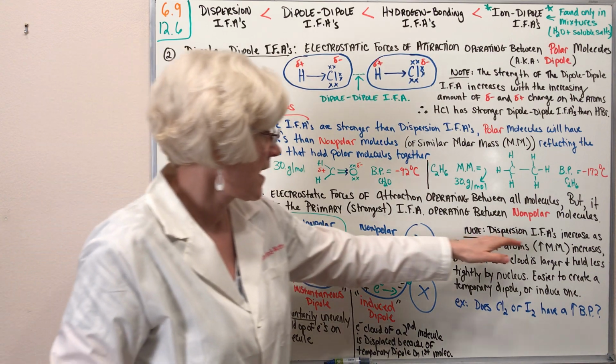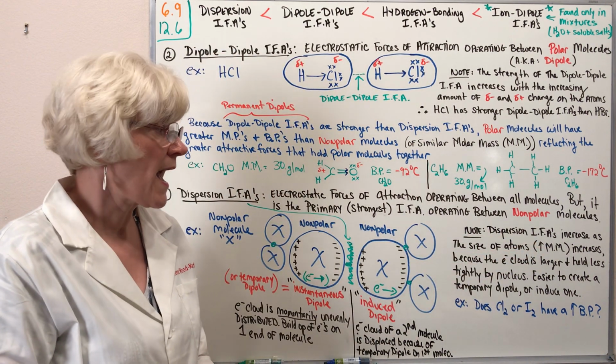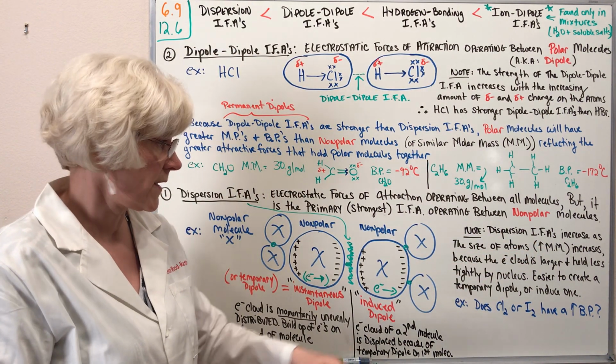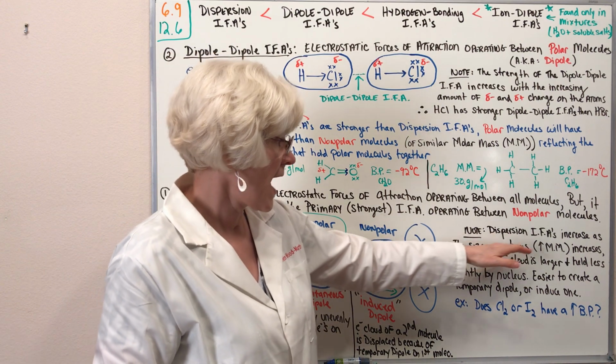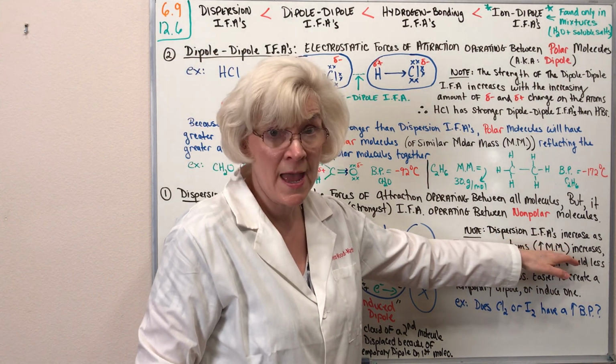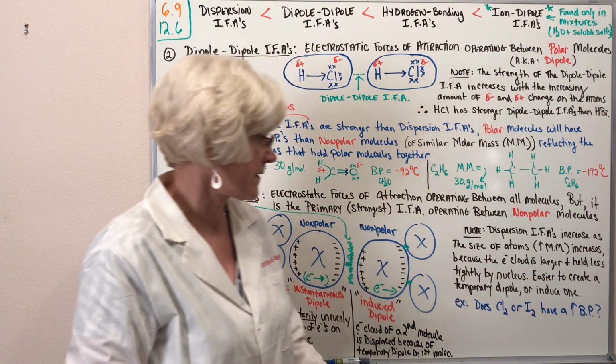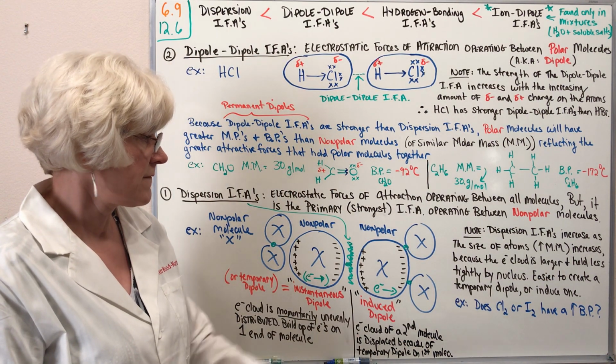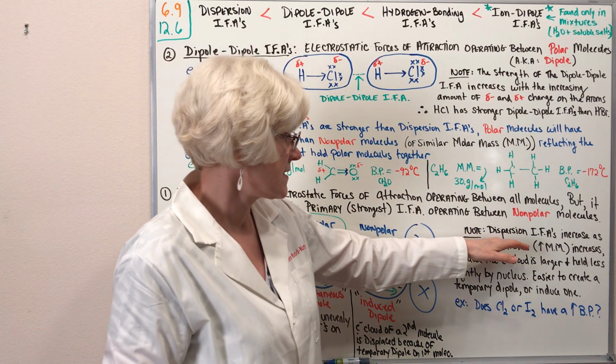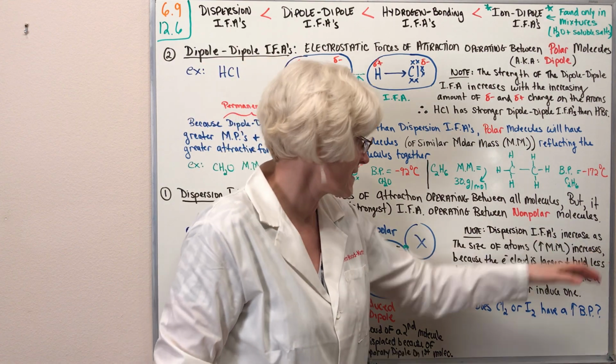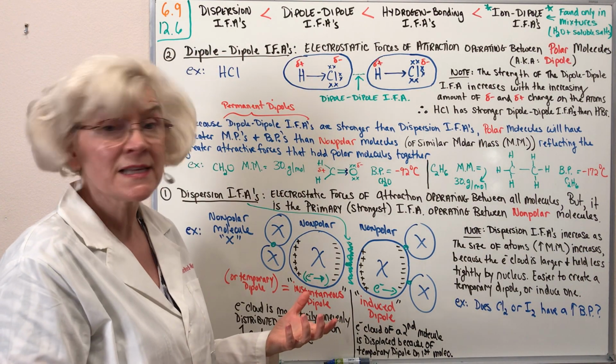Note that dispersion IFAs increase as the size of atoms increase. And of course, the bigger the atom, the larger its MM, meaning molar mass. So dispersion IFAs increase as the size of atoms and their molar masses increase. And why is this?